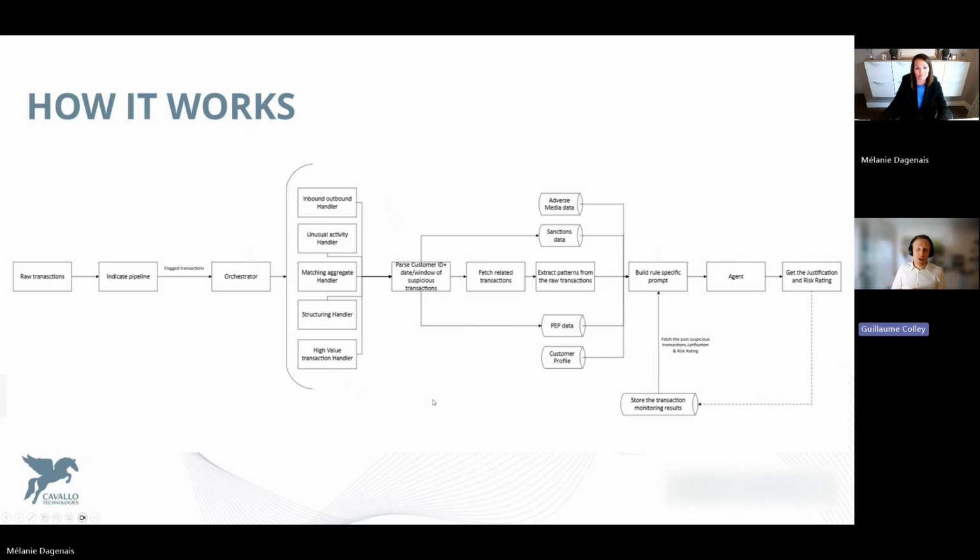But really the main use case for this is to be plugged in right after the transaction monitoring on each alert, and actually runs automatically on each alert. So your compliance fin crimes analyst will review the results of the agent rather than build the narrative themselves. So we can get to the next slide.